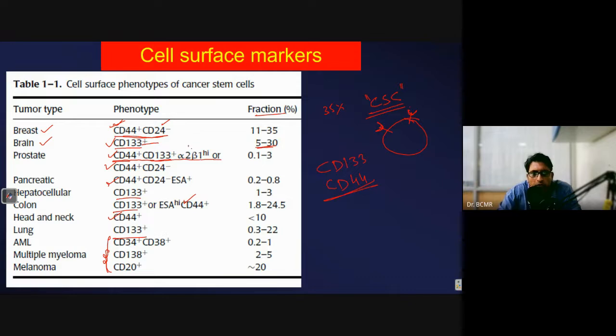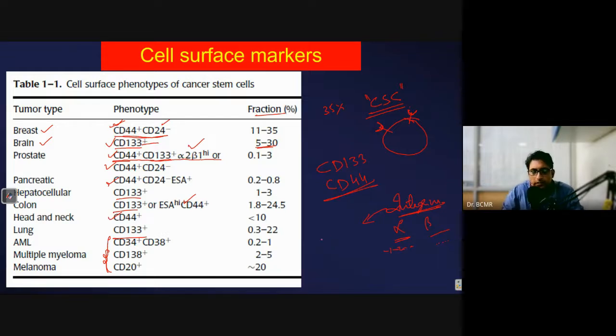I hope you remember what is alpha 2, beta 1. Those are integrins that are on the cell surface. They are made up of two chains, alpha chain and beta chain. Alpha chains, you have different types, 1, 2, 3, like that. And beta chains, you have again 1, 2, 3, so many of them. So combinations of integrins could be cell surface markers.